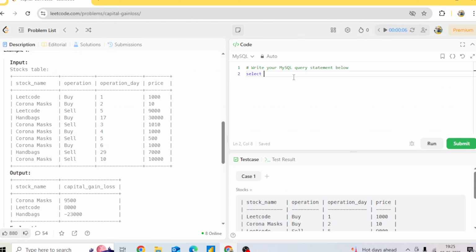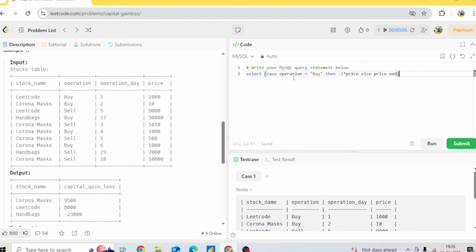So first we will say select, and then we will use a case statement. Case when the operation is equal to buy, then we are going to multiply the price by -1, and else if it is sell, then we are just going to return the price, and we end this operation. This will give us the actual amount.